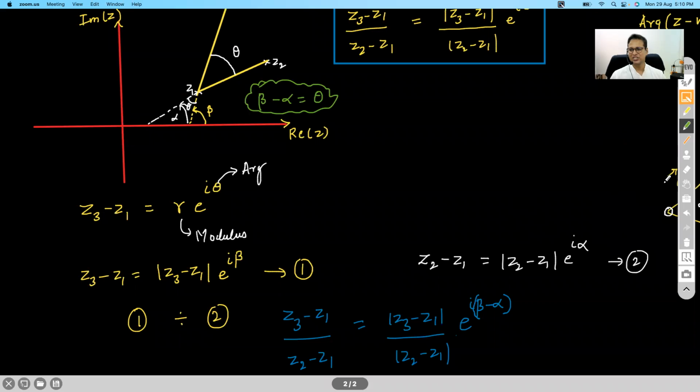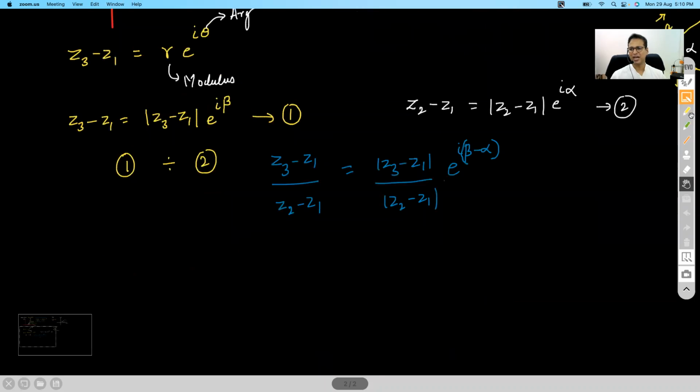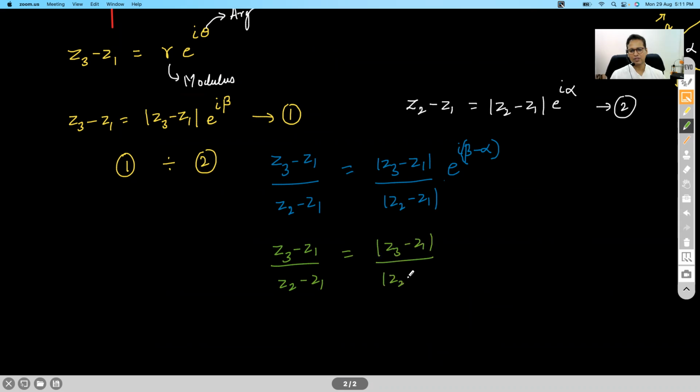Correct? So in light of that, I'm going to replace beta minus alpha with theta. And there you go. This is the formula that we wanted to prove.